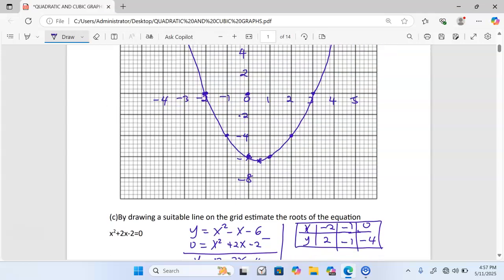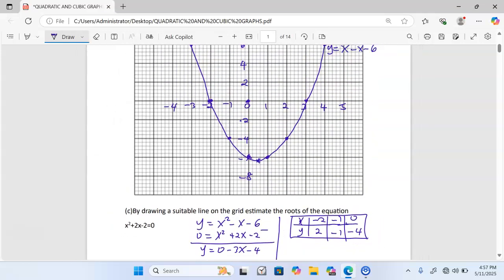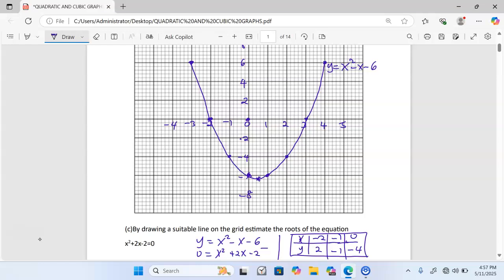So when x is -2 here, the value of y is +2 at this point. And when, allow me to use the crosses, and when the value of x is -1, the value of y is also -1 at this particular point here.